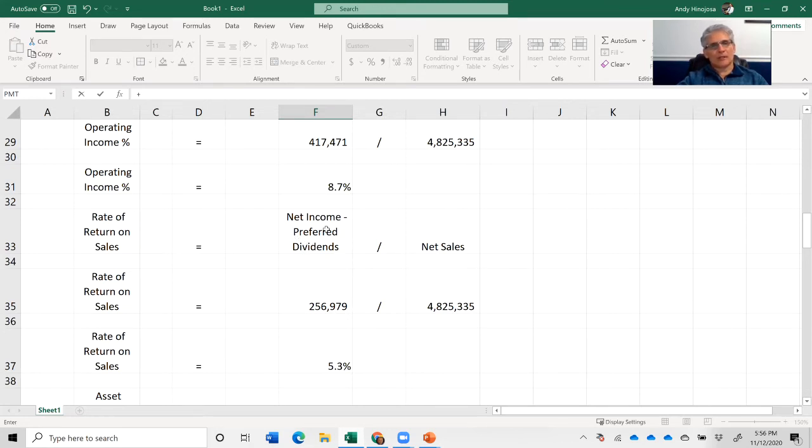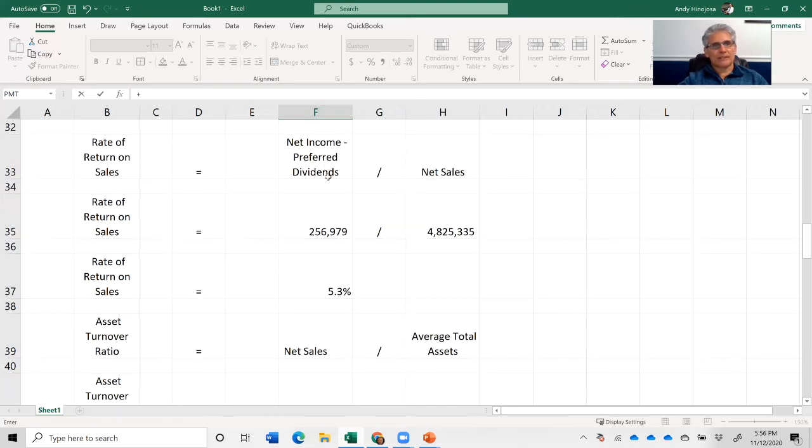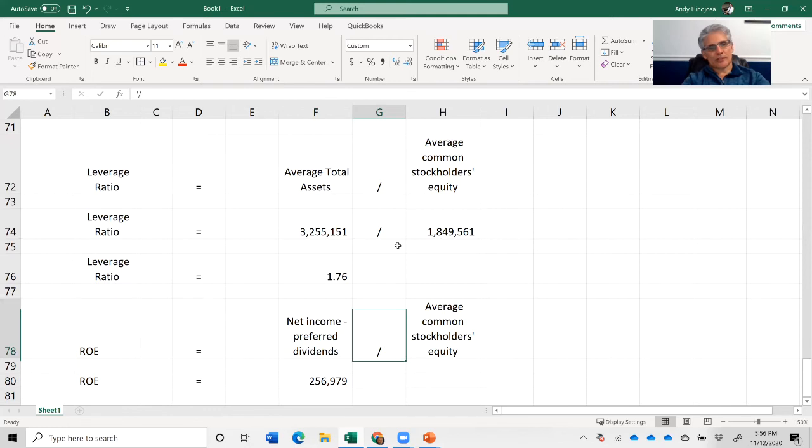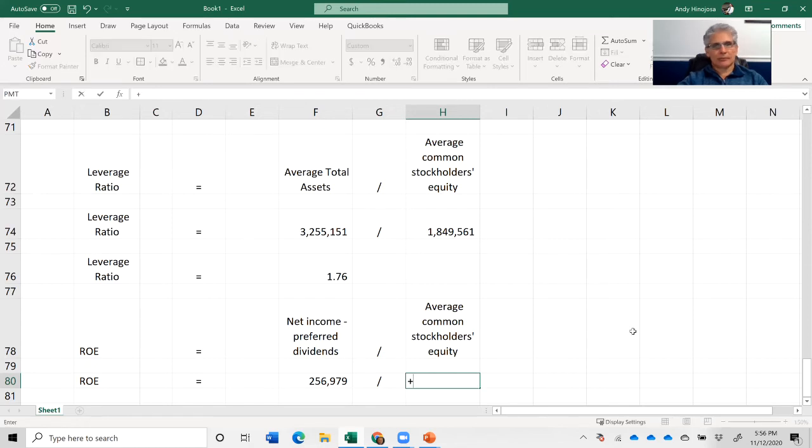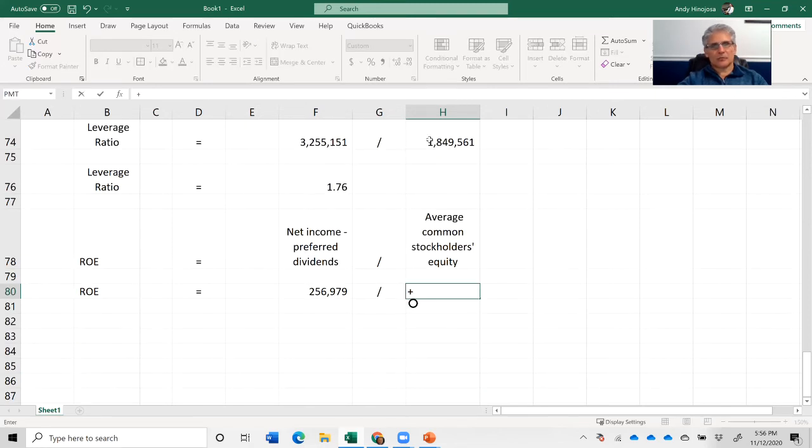So we already computed this, which was 256,979. We'll go ahead and divide that by the average common stockholders' equity, which we just computed in the previous computation, which was 1,849,561.